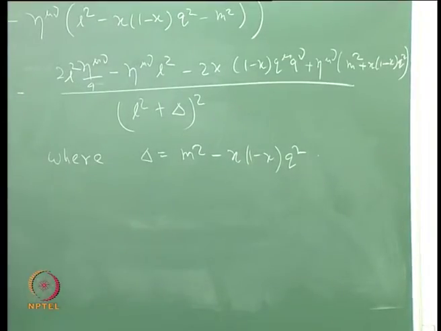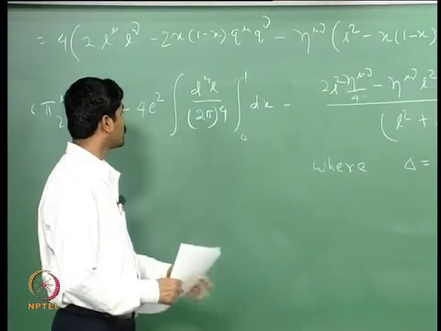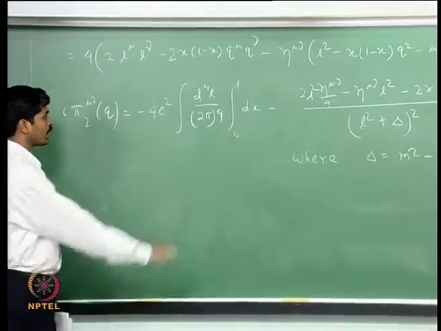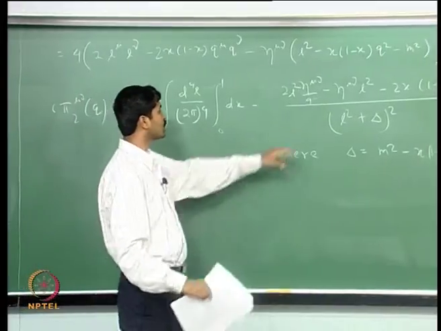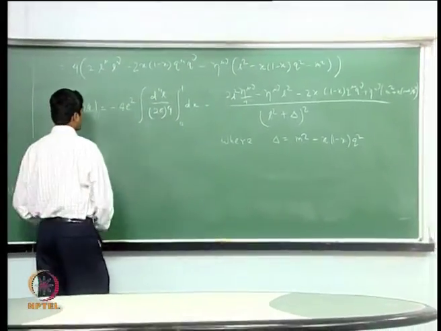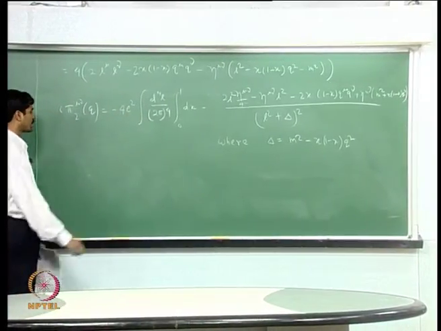This is again going to be a divergent integral. First, we need to do a Wick rotation, Euclidean continuation, and write it in terms of the variable L_E square, and then finally, we need to evaluate this integral here. It will again be a divergent integral. In fact, it is going to be quadratically divergent.